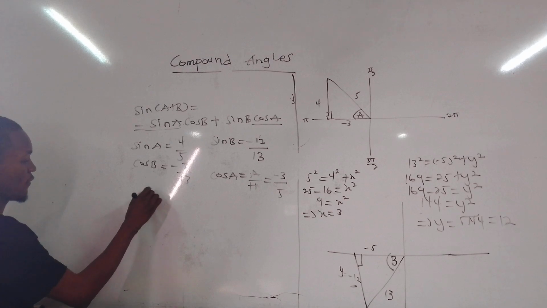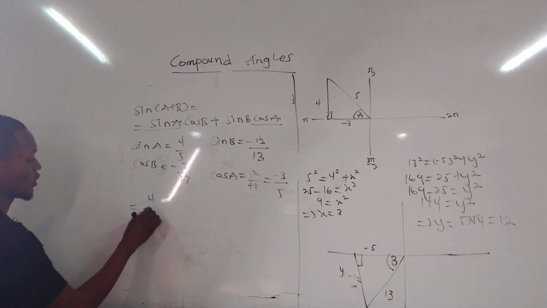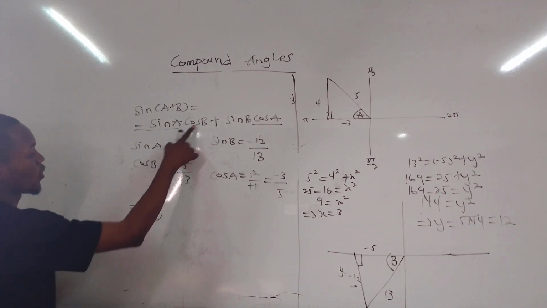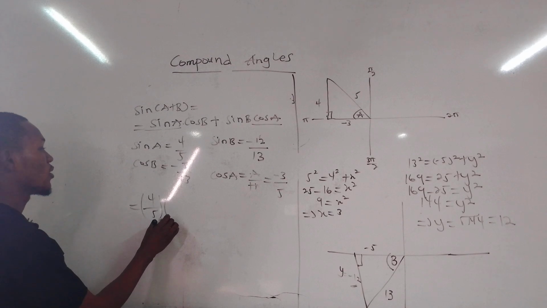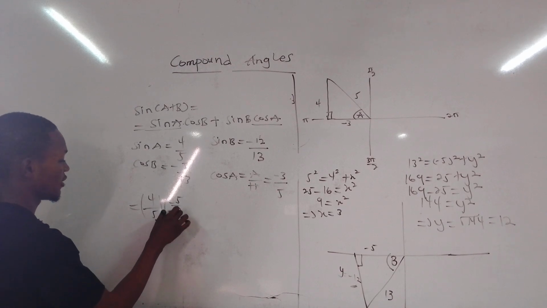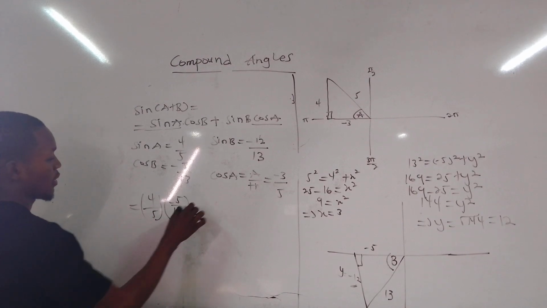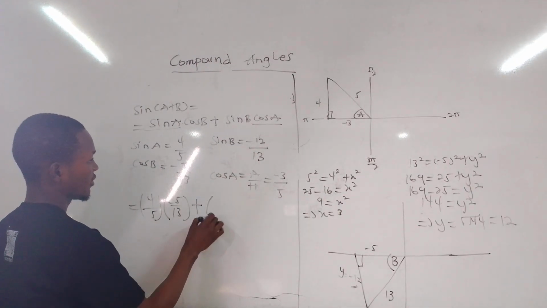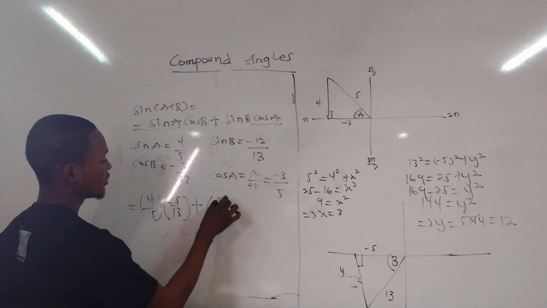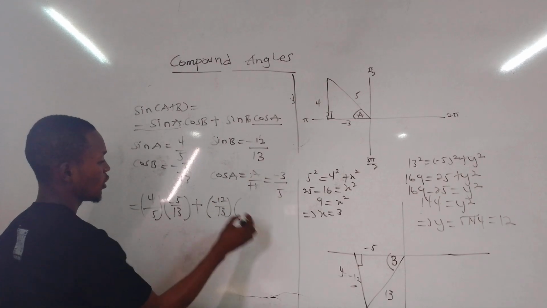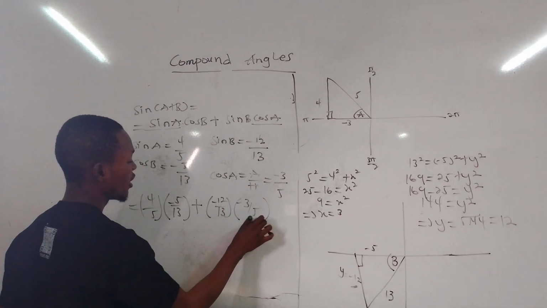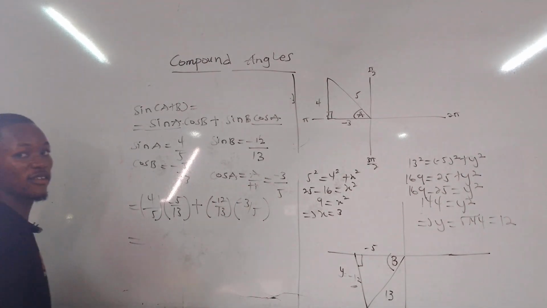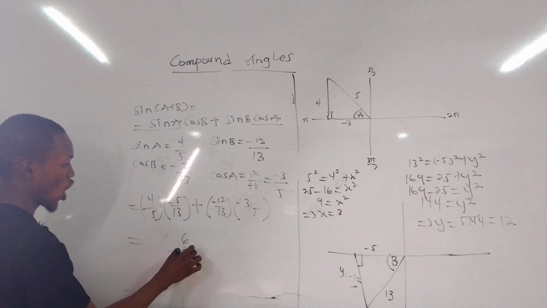Sine A is 4 on 5, cos B is negative 5 on 13, plus sine B, which is negative 12 on 13, multiplied by cos A, which is negative 3 on 5. Now if you put all of this on a calculator, you are going to get 6 on 65.